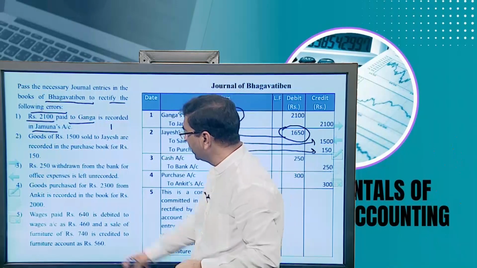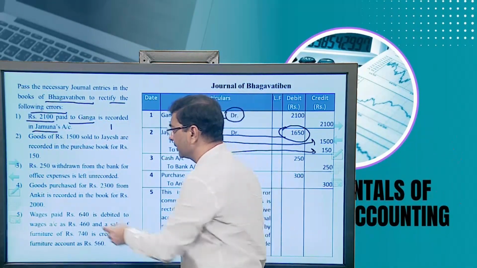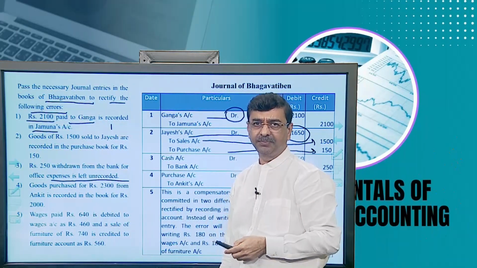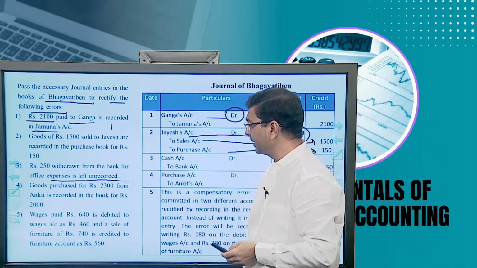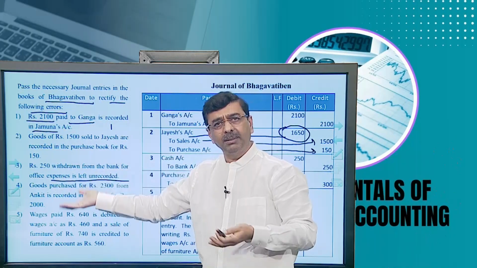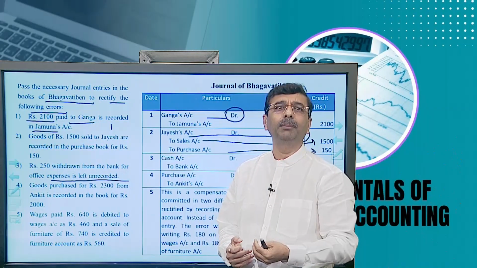Moving to the next transaction: rupees 250 withdrawn from the bank for office expenses is left unrecorded. So it is an omission of the transaction. The transaction was not recorded in the books of accounts, neither in the journal entries nor in the ledger book. Withdrawn from the bank for office expenses. So cash comes in, cash account debit.